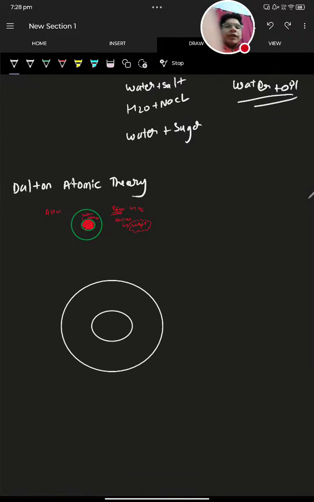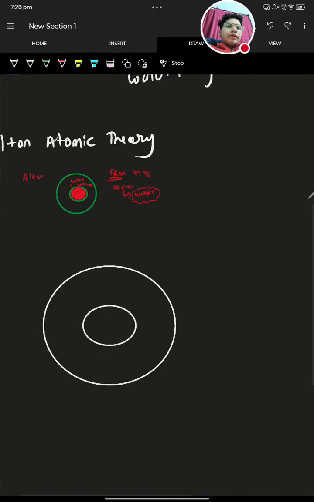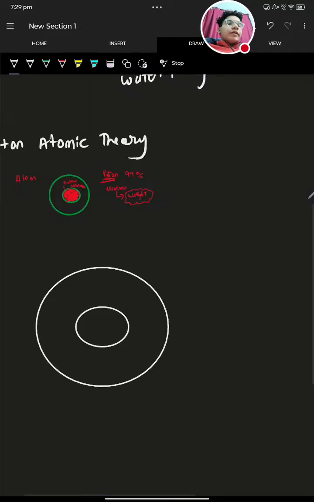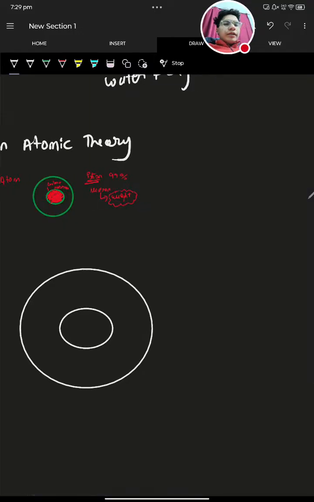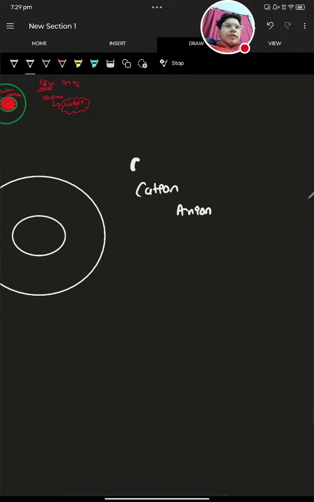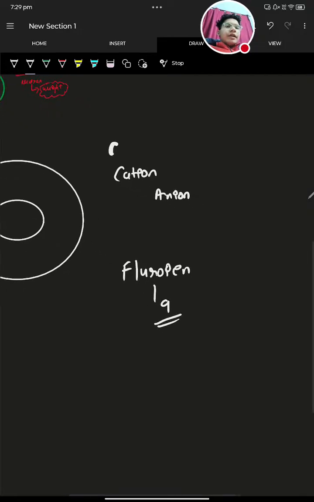The thing that helped me in learning this earlier, I was not good at chemistry, I think I'm still not, but I tried a little, was knowing cation and anion. Supposedly, if you want to talk about fluorine, atomic number 9, this is an anion.